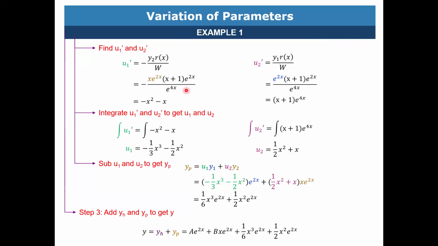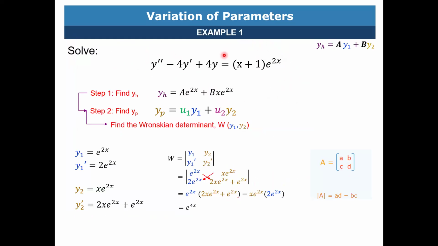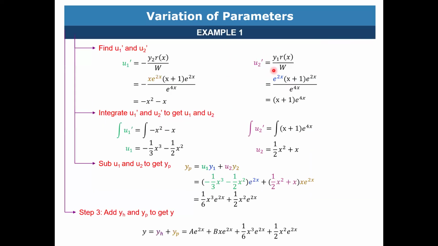After that, we have to find u1 prime and u2 prime. This is the formula of u1 prime: u1 prime is negative y2 rx over w, and u2 prime is y1 rx over w. Just substitute the value of y2 and rx. Rx means the non-homogeneous part here, which is (x plus 1) e to the 2x.